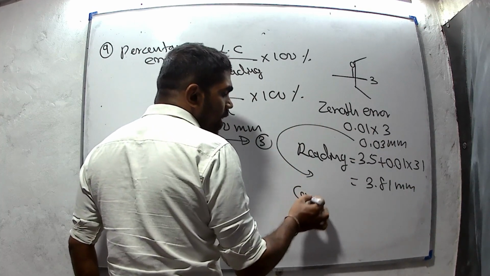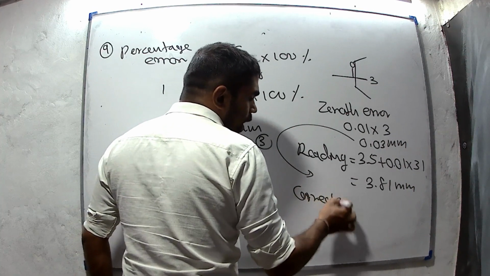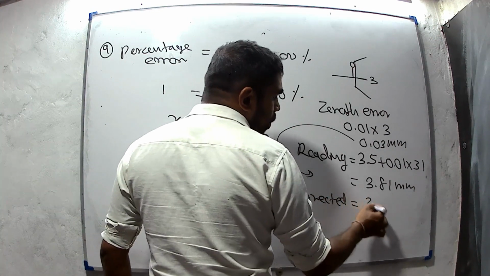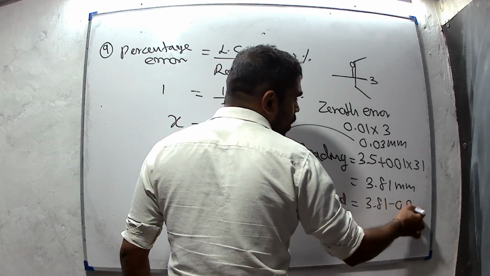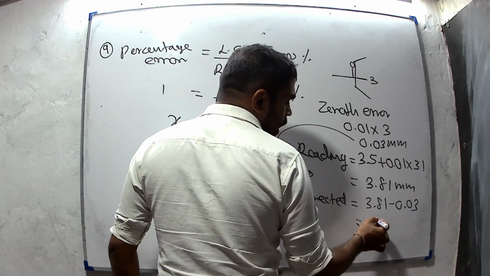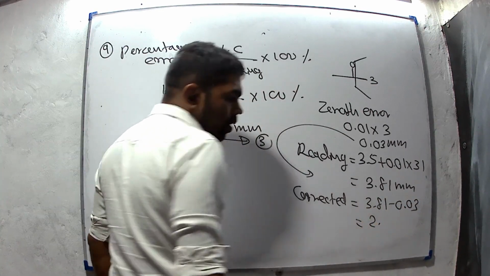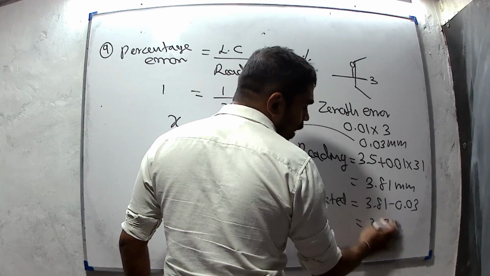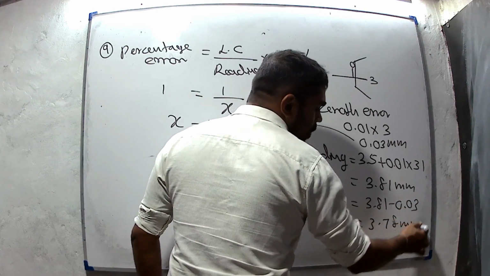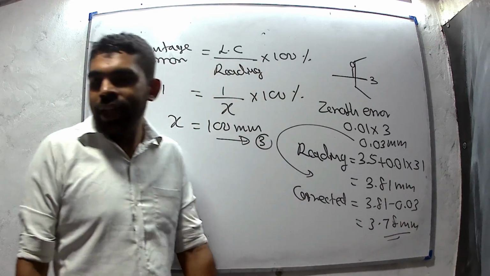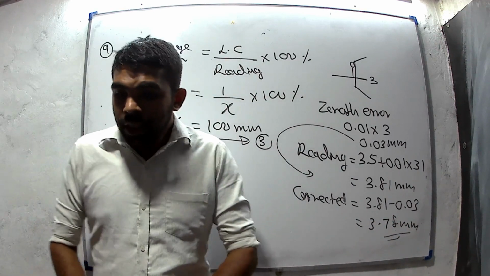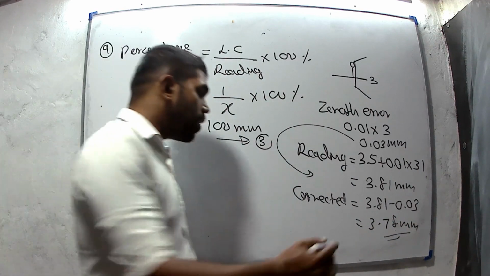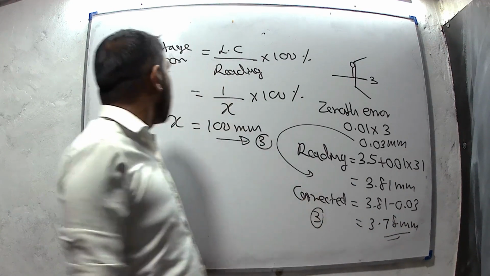Therefore, the corrected reading is 3.81 minus 0.03, which is 3.78 millimeters. It is the correct diameter of the sphere. Then the third one is the correct answer for question number 10.